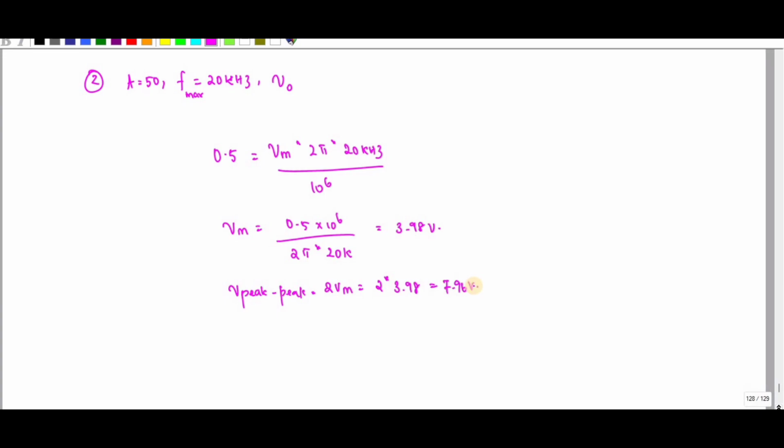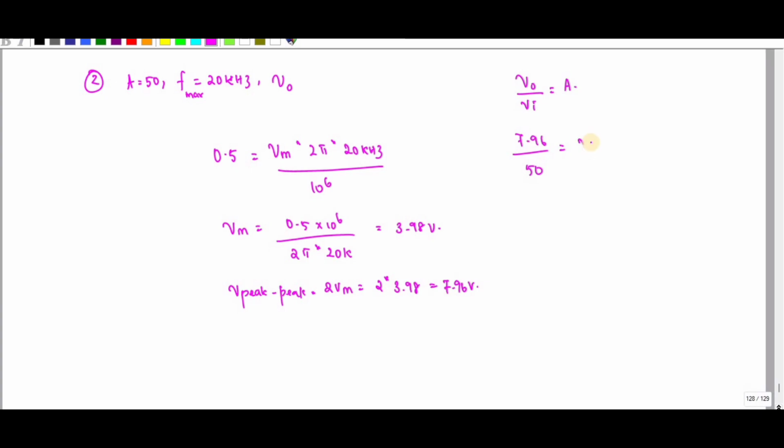So this is my output signal value. We know that V0 divided by Vi is equal to A. V0 value is 7.96 and A is given as 50.